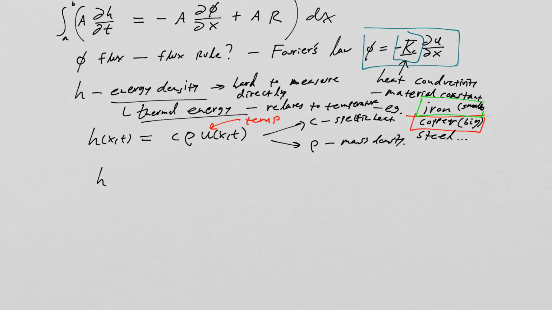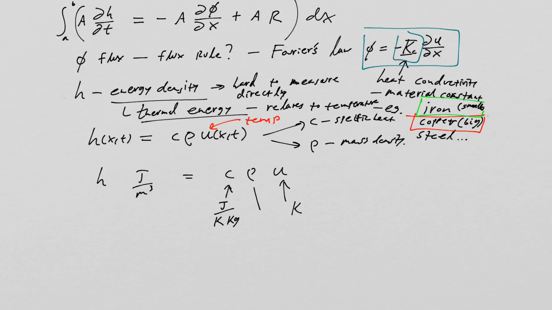So we said that H has units of joules per meter cubed, right? All right, and of course C has units of, well, let's see if we can figure it out. These have to be equal to each other, right? C times rho times U. Okay, that has units of Kelvin. Okay, and C, that has units of joules per Kelvin per kilogram.